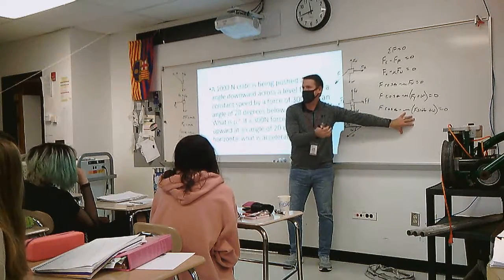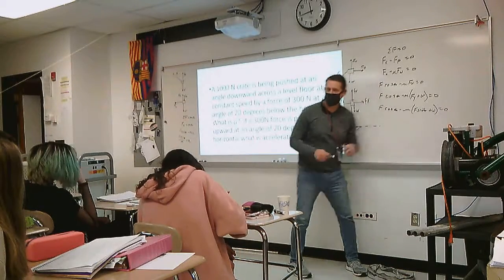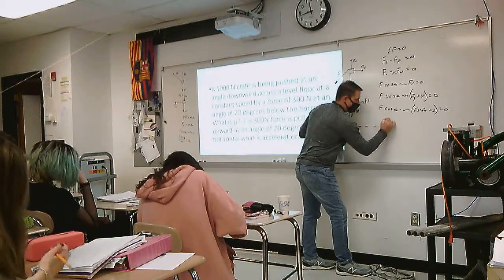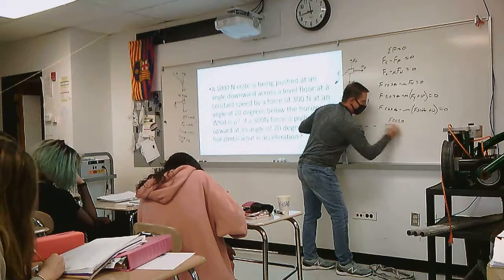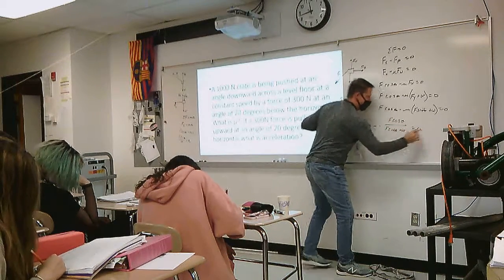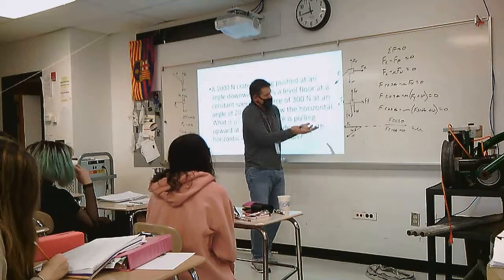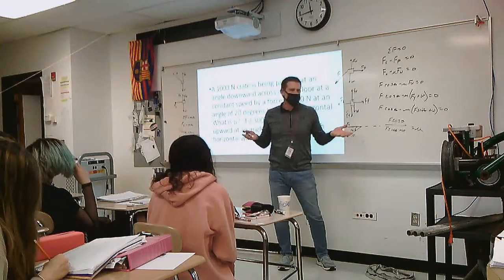Yeah, now it's algebra. I take this entire thing over here and then divide by what's in the parentheses, and I end up with F cosine theta divided by F sine theta plus W, and that is my answer for mu.